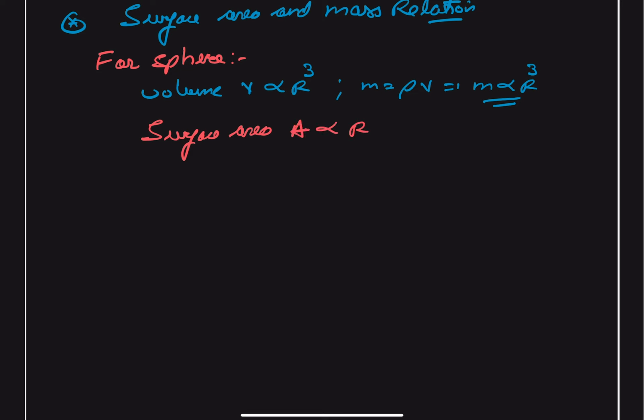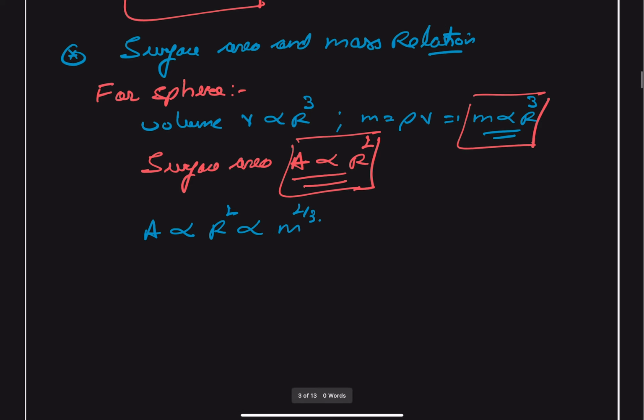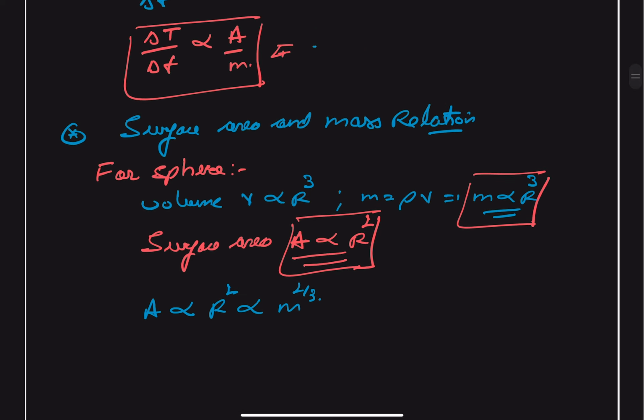So using the equation for surface area as well as the equation for the mass, we can write that A is directly proportional to R square and is directly proportional to m raised to 2 by 3. Let us substitute it in equation number 2.